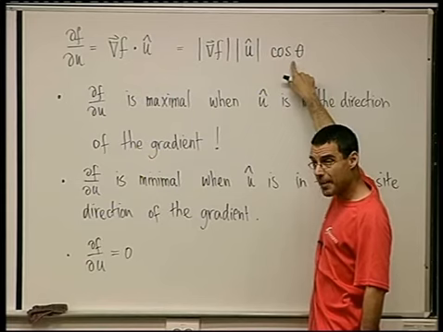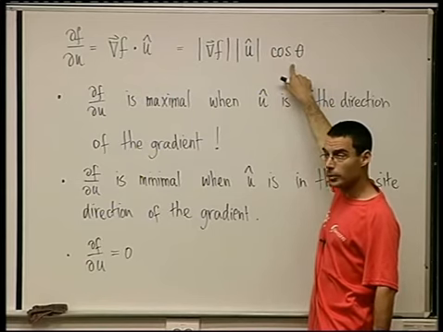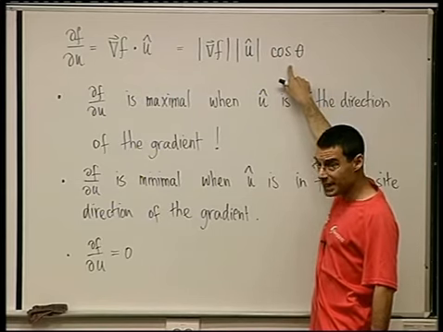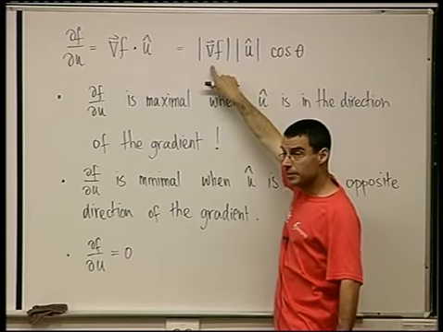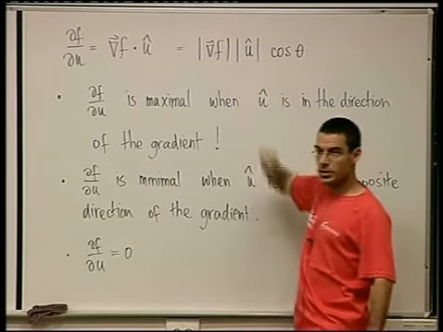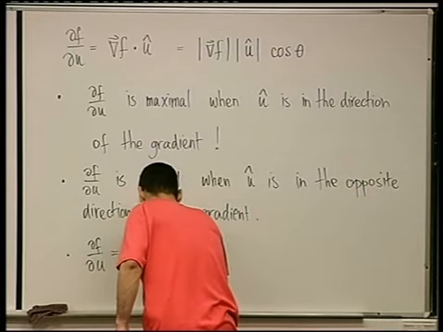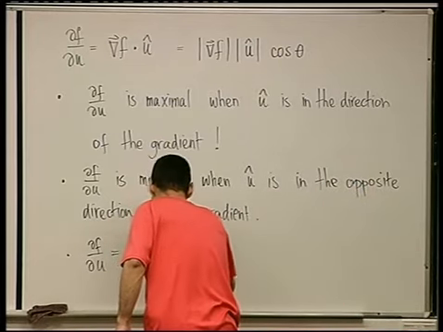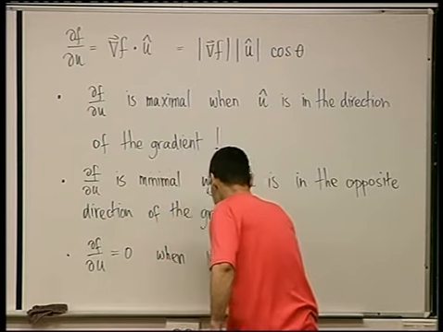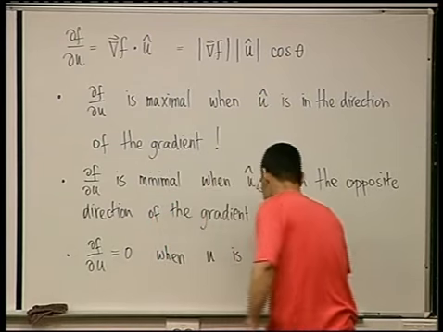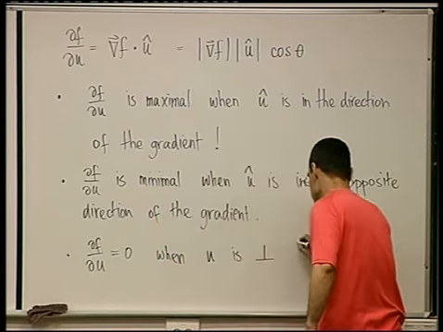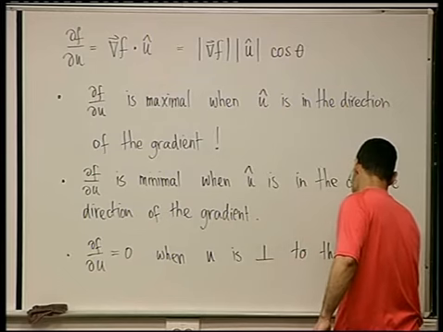And when does that happen? When theta is pi over 2, which means that the gradient is perpendicular to the direction. So df/du is 0 when u is perpendicular to the gradient.